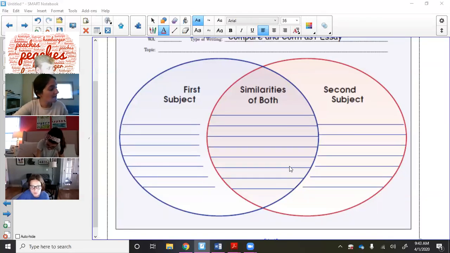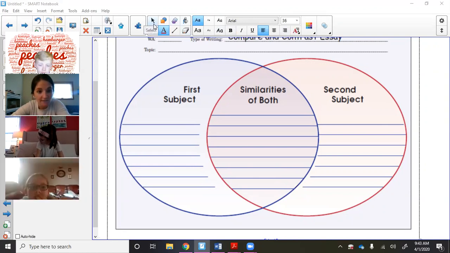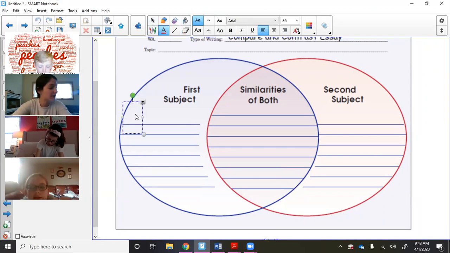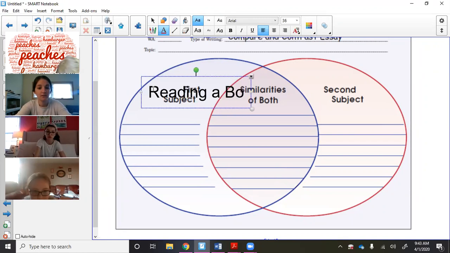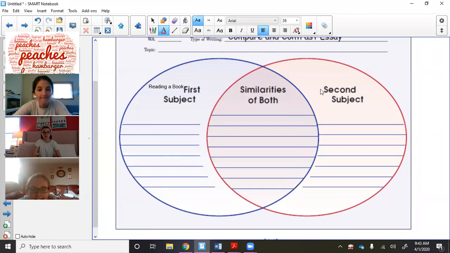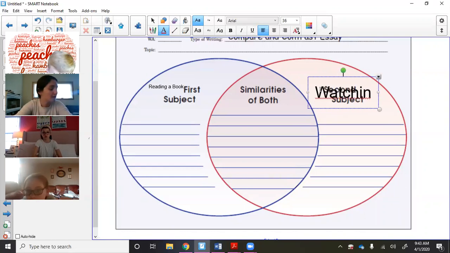Okay. So looking at that, when it's comparing reading a book to watching a movie, I'm going to steal some of their examples and write these down just to save time here. So we're comparing reading a book to watching a movie.